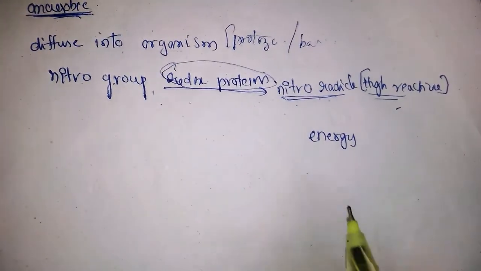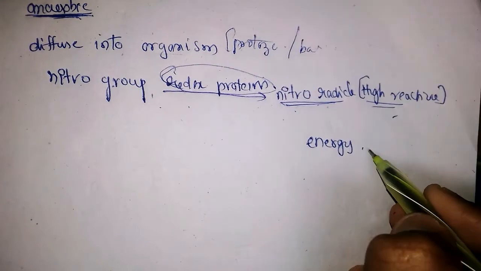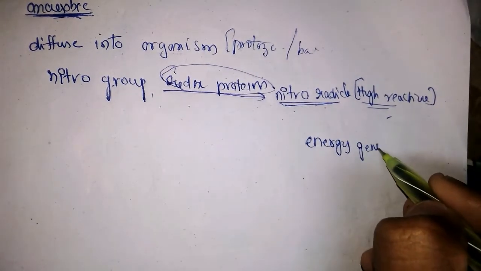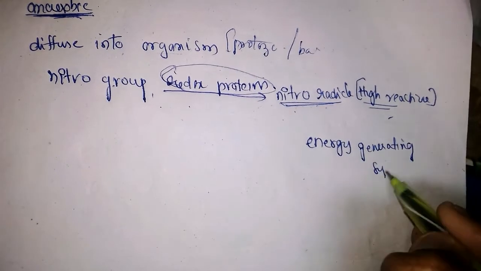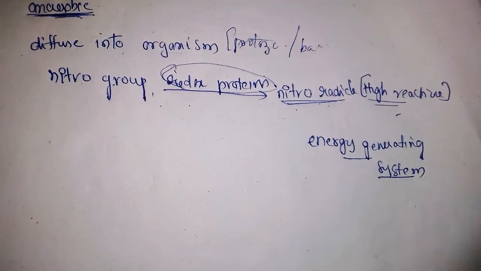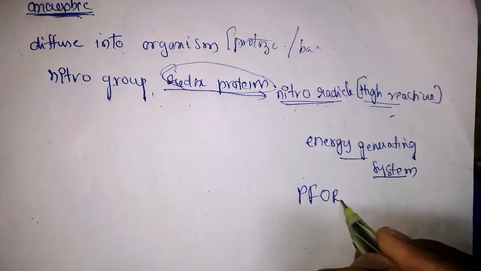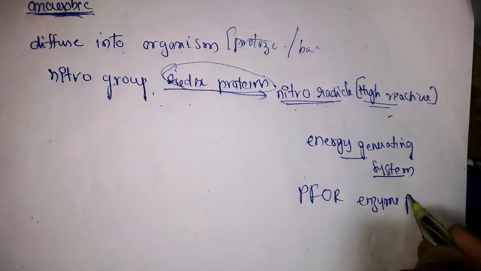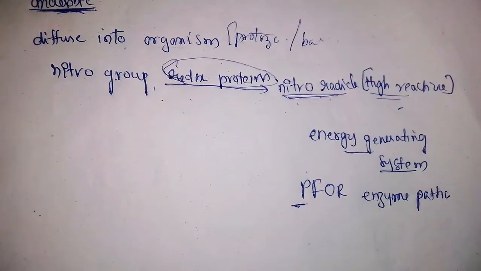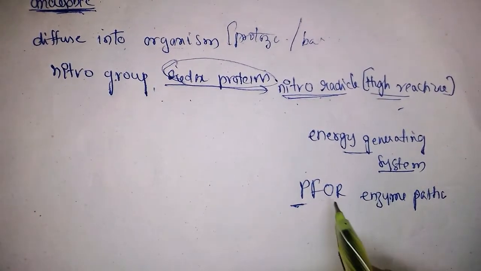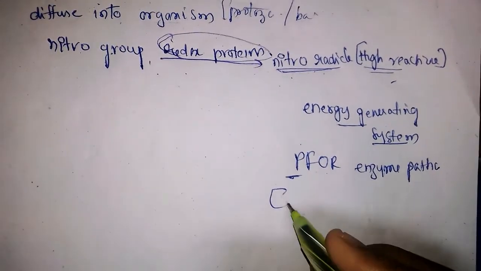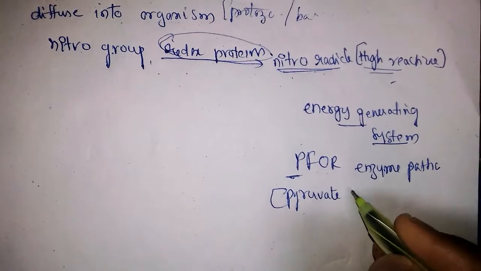Let us see the energy generating system in anaerobic bacteria or protozoa. In the bacteria or protozoa, there is a pathway called the PFOR pathway. The expanded form is pyruvate ferredoxin oxidoreductase enzyme pathway.